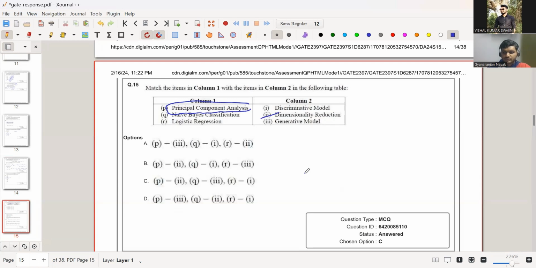And you also know k-nearest neighbors classification and logistic regression. Logistic regression is used for a discriminative model, you know very well. Similarly, nearest neighbors classification is used for a generative model. So option C is correct. Okay, so we proceed to the next.